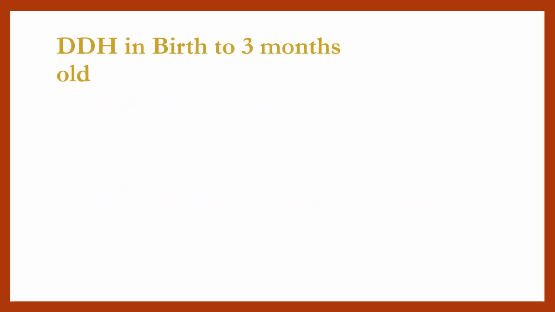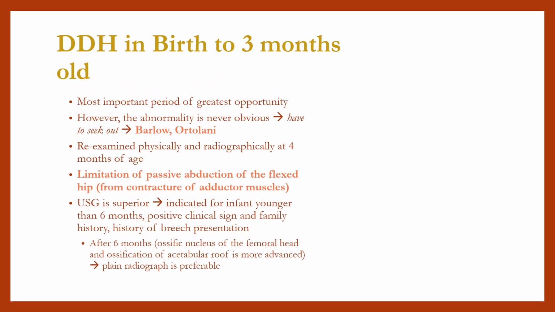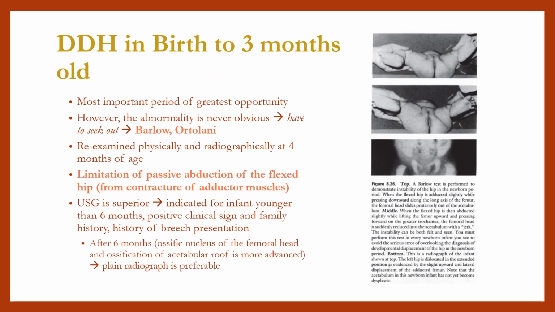For DDH from birth to 3 months old, it is the most important period of greatest opportunity. However, the abnormality is never obvious. We always have to seek out the Barlow test and Ortolani test. Re-examine physically and radiographically at 4 months of age.